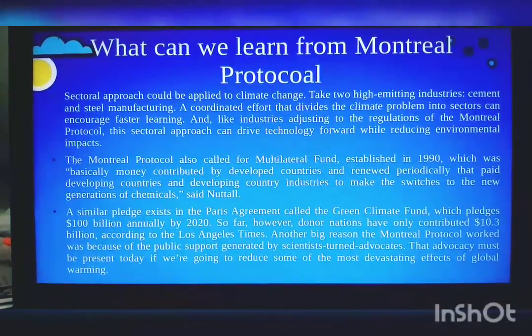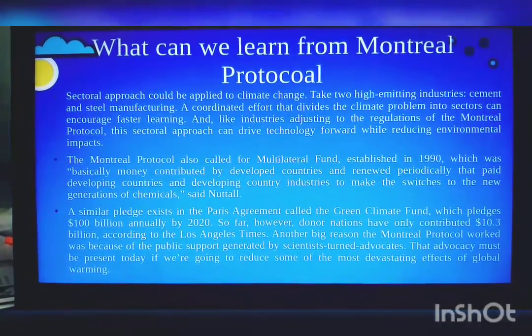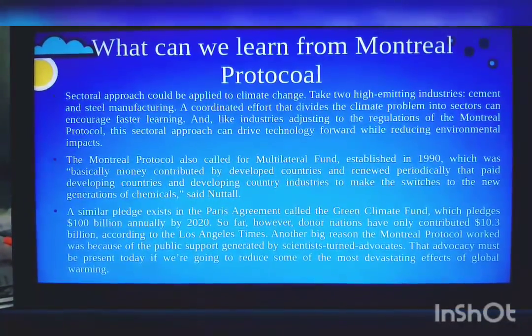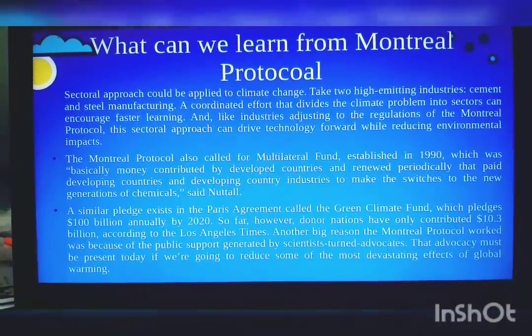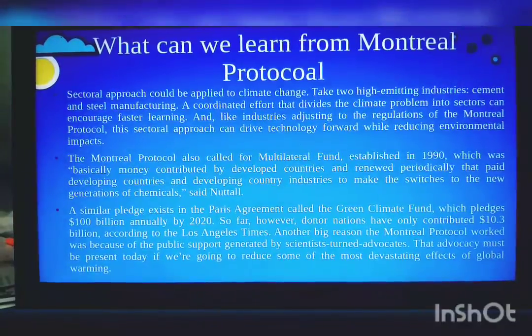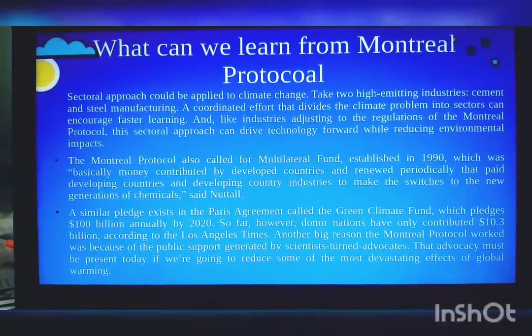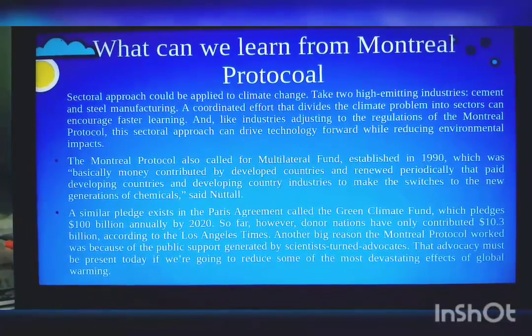A similar pledge exists in the Paris Agreement, called the Green Climate Fund, which pledges 100 billion dollars annually by 2020. So far, however, donor nations have only contributed 10.3 billion dollars, according to the Los Angeles Times.